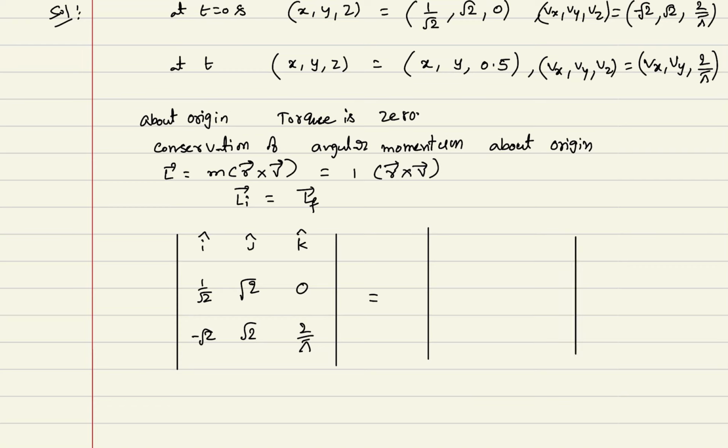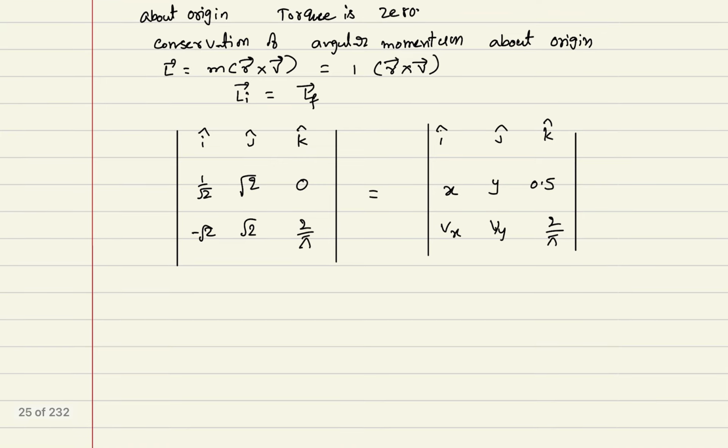This should be equal to, at any time t, i cap, j cap, k cap, with the position values x, y, 0.5 and the velocities Vx, Vy, 2 by pi.